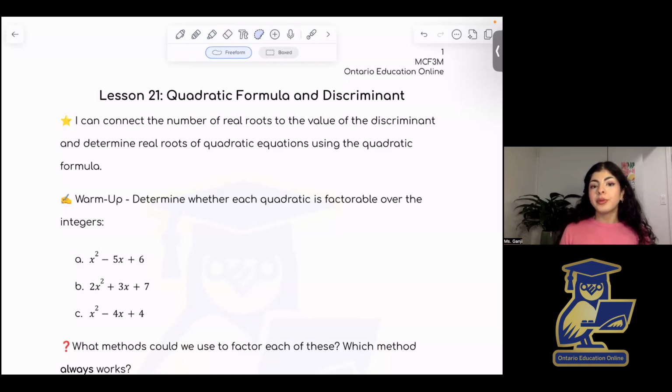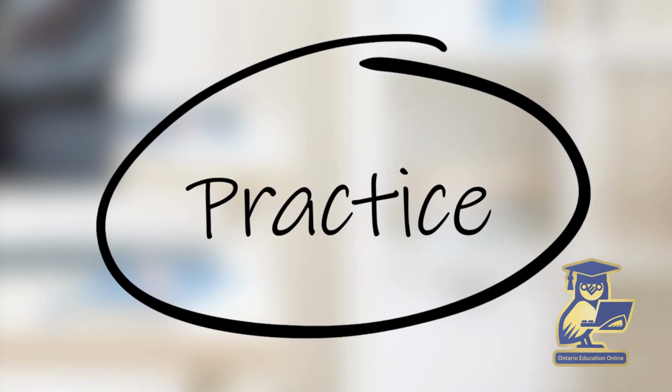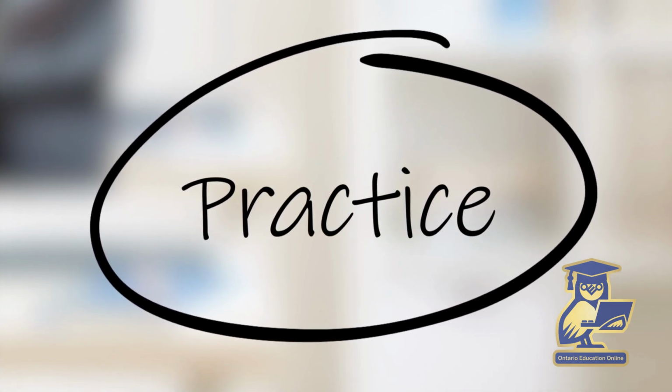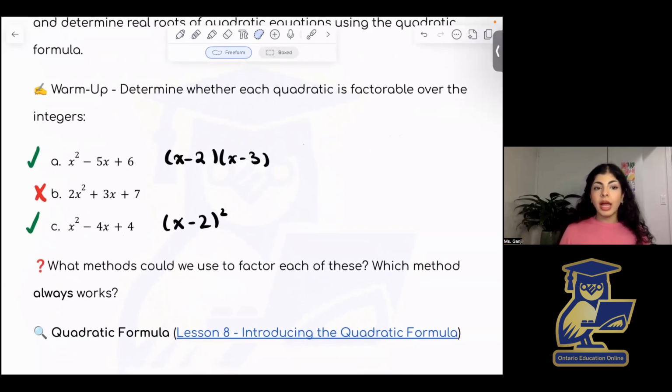For a warm up, first look at these first three functions and try to determine if they're factorable over integers. Can we try the decomposition method or the sum and product to write these in factored form? You should have got that the first function is factorable, and you get x minus 2 times x minus 3.